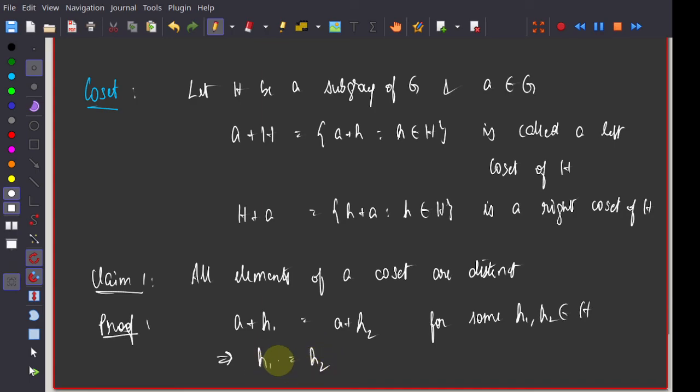So the contrapositive says that if H1 is not equal to H2, then A plus H1 cannot be equal to A plus H2. Therefore, there's a one-to-one mapping between the elements of the subgroup H and the elements of any corresponding left coset or right coset.